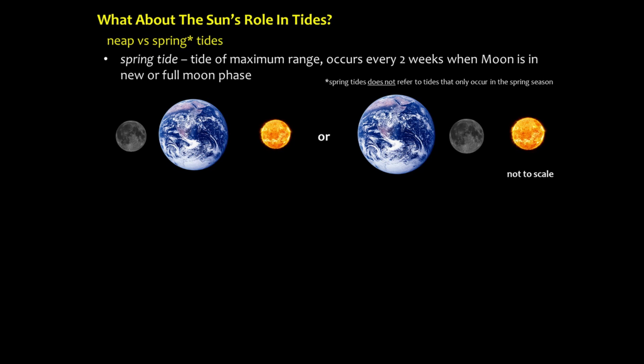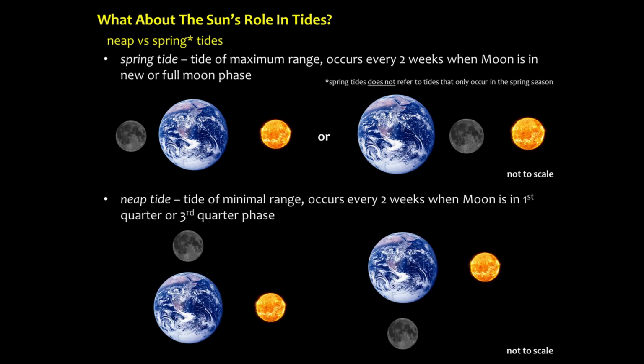So once again, we have that gravitational attraction between the moon and the earth, creating that gravitational bulge. But now that inertial bulge is being enhanced by the gravitational attraction of the sun. So on that side of the earth, as the earth rotates underneath the bulges of water, we'll experience higher than normal tides as well.